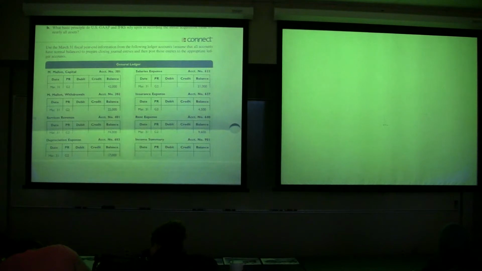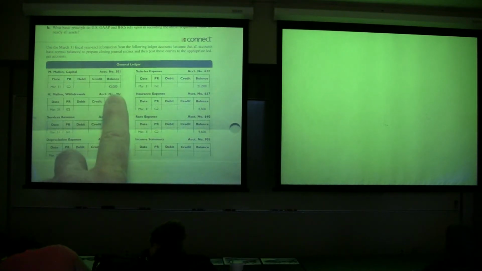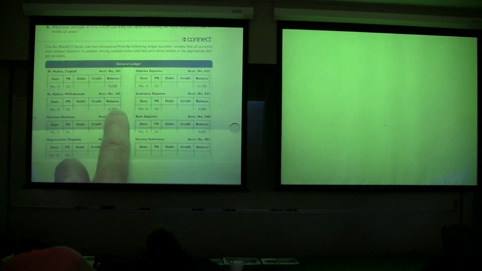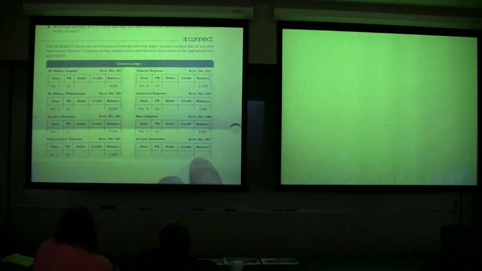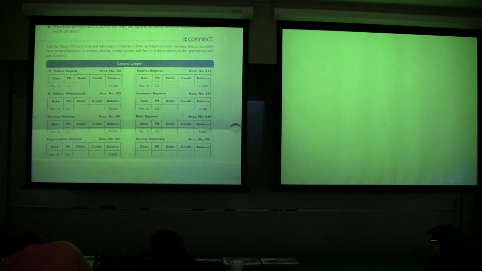So in this case, we have capital account is not closed. It remains the same. Now it'll be updated, but it doesn't close. Here's the withdrawals that close, here's the revenue, here's the expense, here's another expense, another expense, another expense, and here's your income summary account. Okay? So you want to journalize the entry on that?